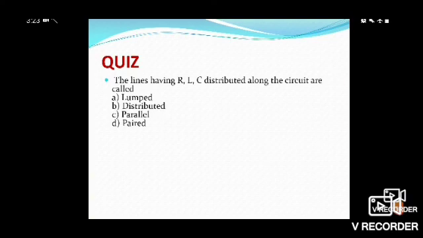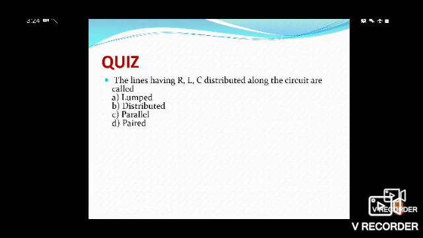Next question. The lines having RLC, that is resistance, inductance, capacitance, distributed along the circuit are called as?